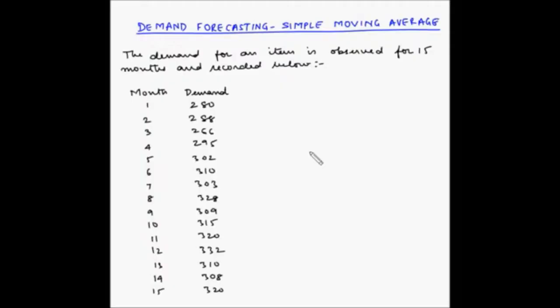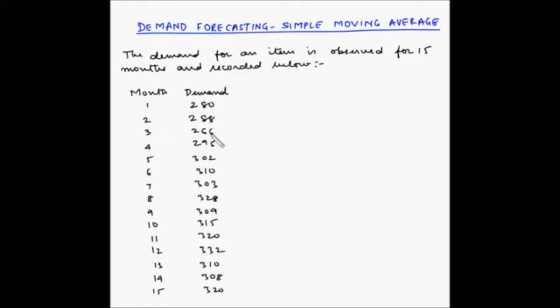Let us look at an example of demand forecasting using simple moving average method. The demand for an item is observed for 15 months and has been recorded as below. For month 1, the demand is 280. Month 2, the demand is 288.